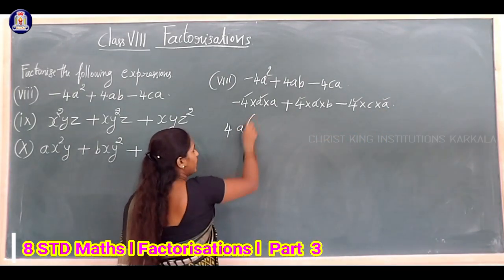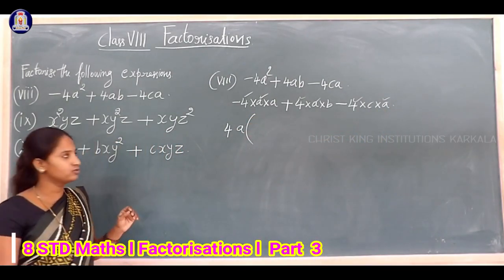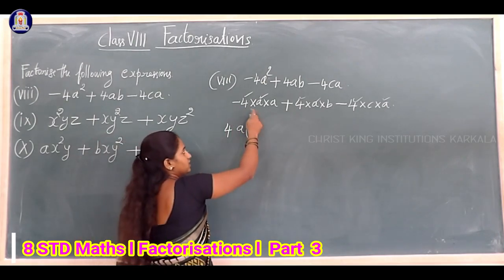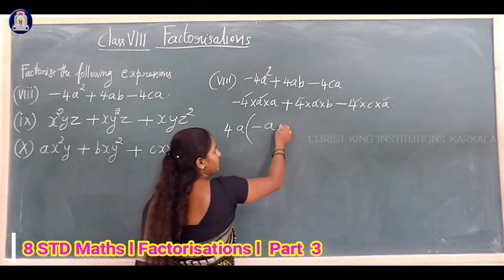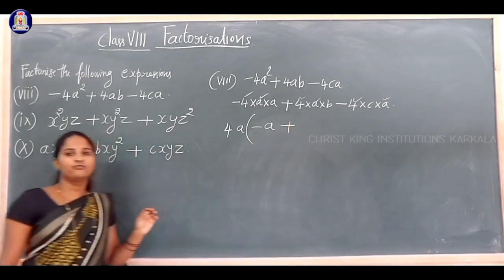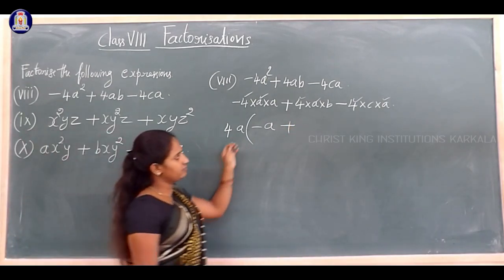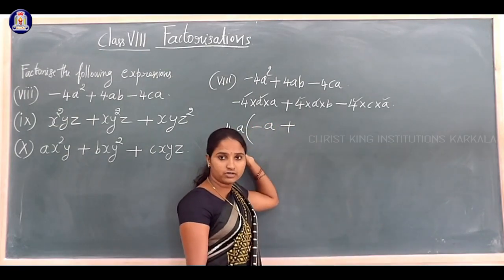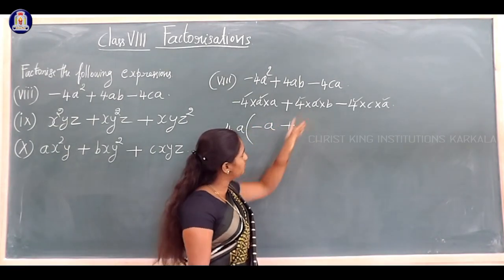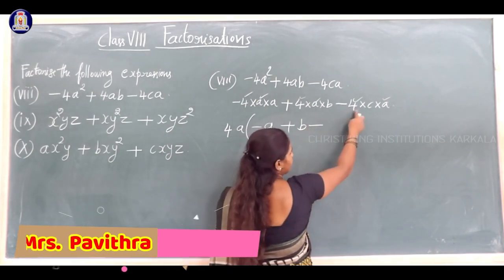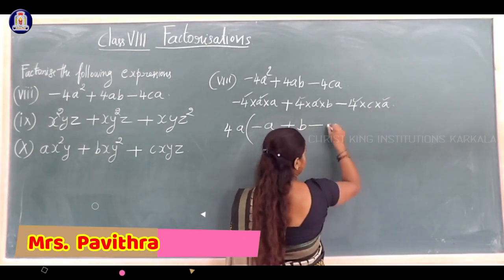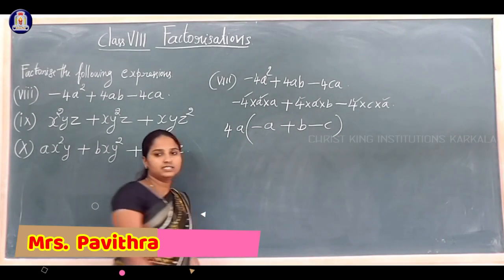4 is common, a is common. So take 4a outside. If you take 4a outside, the remaining terms are minus a plus 4b, 4a we already took outside, the remaining factor is b, minus 4a is taken outside, the remaining is minus c.